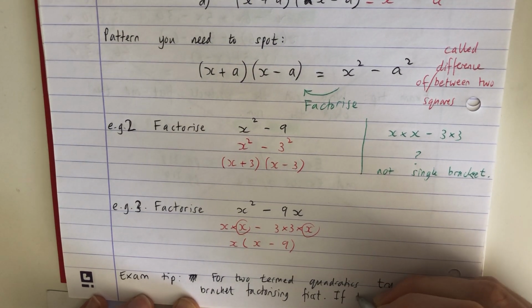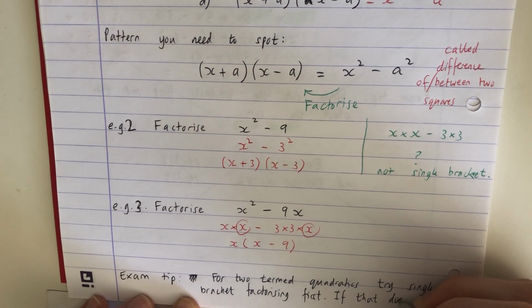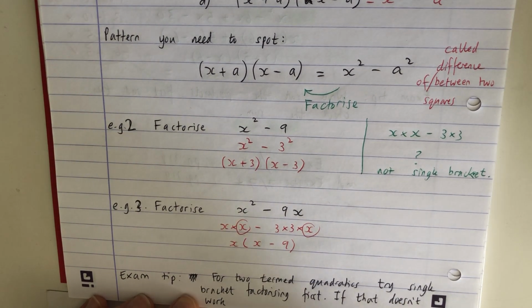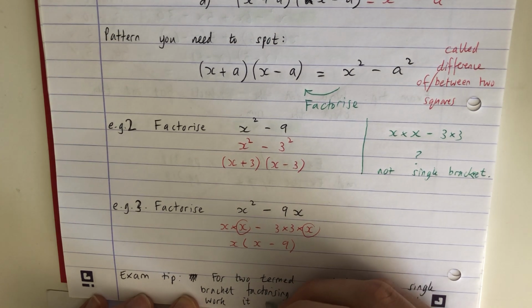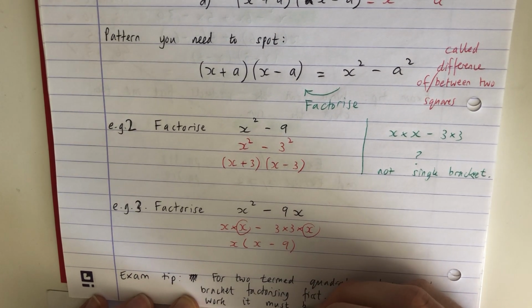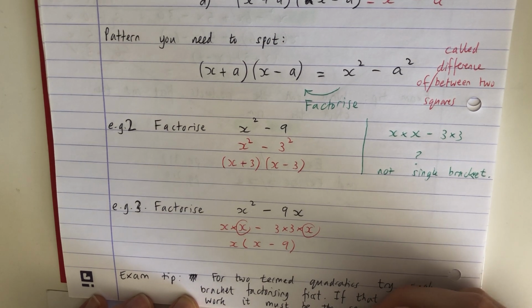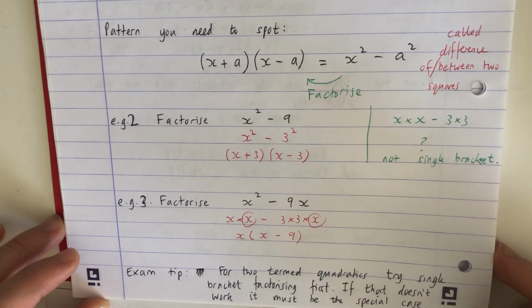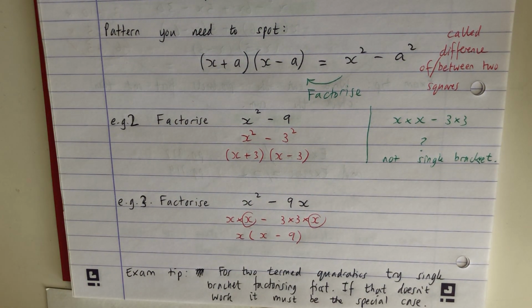If that doesn't work, it must be the special case. And this special case is called the difference of two squares, or difference between two squares. And that's pretty much it.